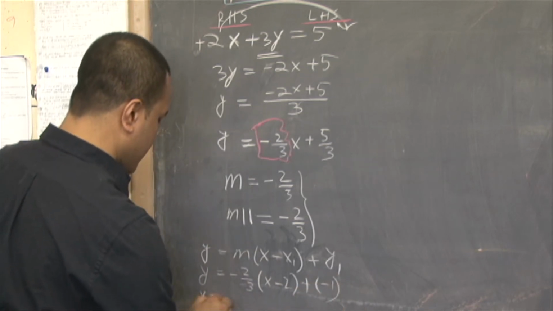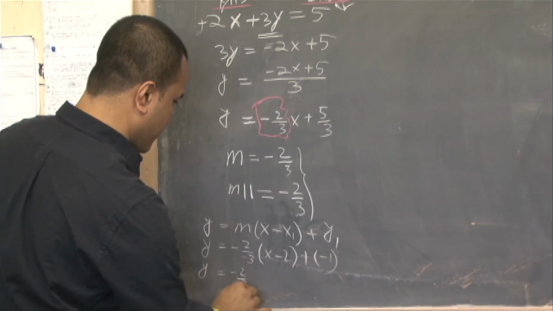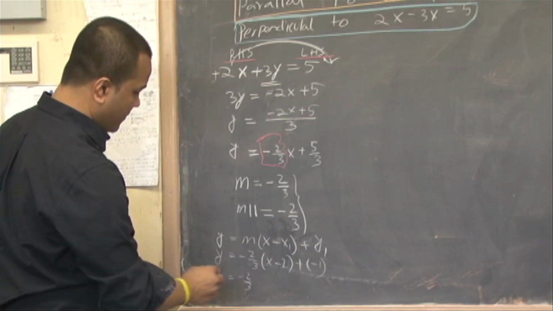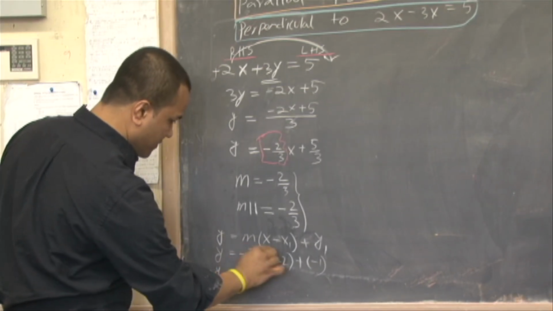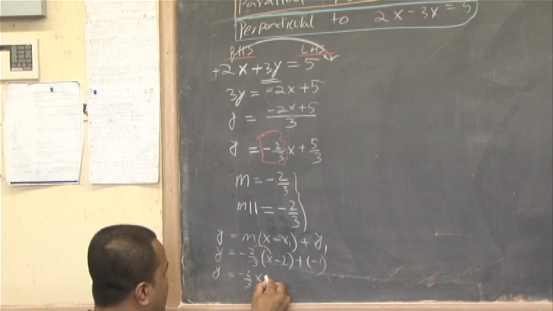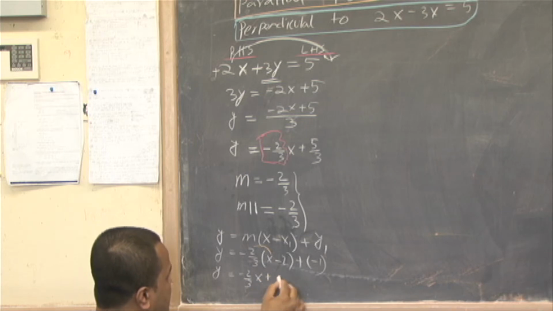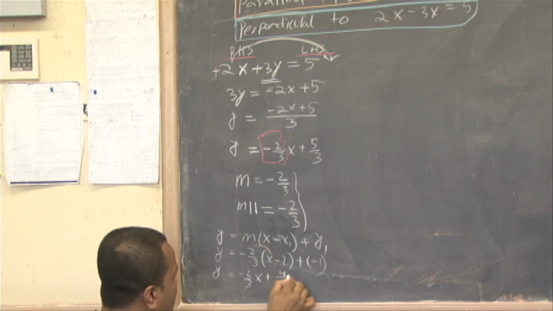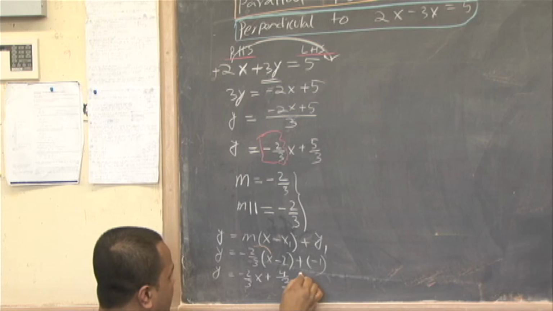Right, so y is negative 2 over 3 times x minus 2, plus negative 1. What can we do? We're going to distribute this. When we distribute that, this is negative 2 over 3 x, and then plus 4 over 3, and then here you have plus 1.